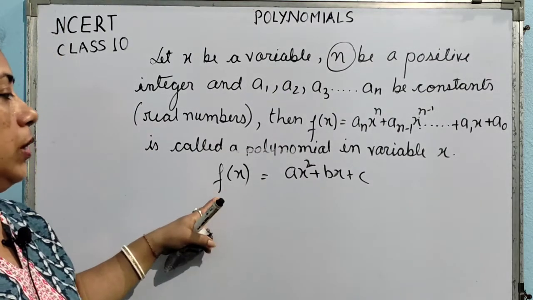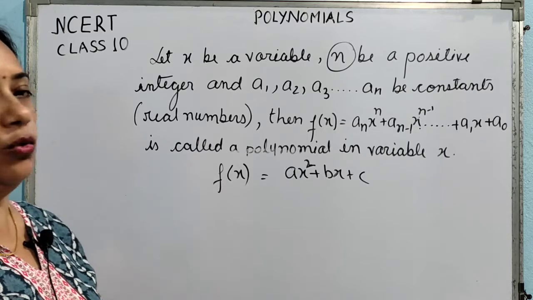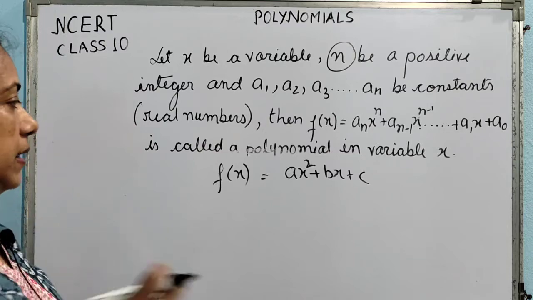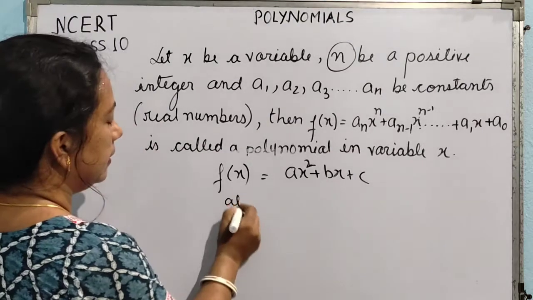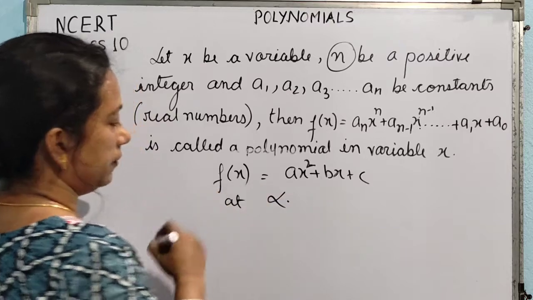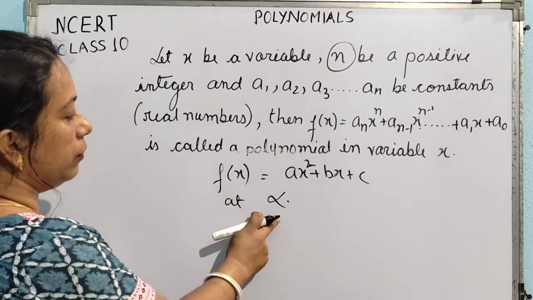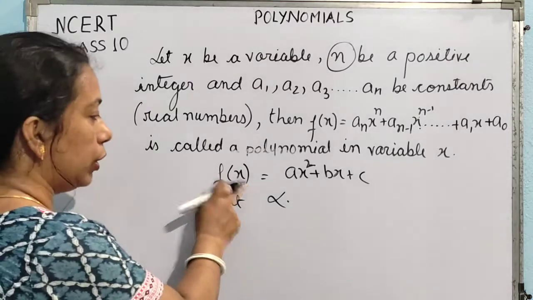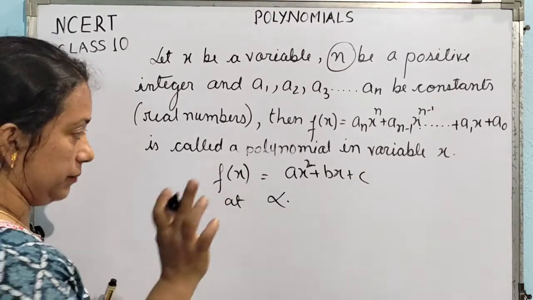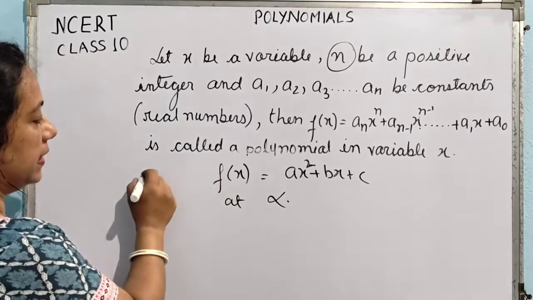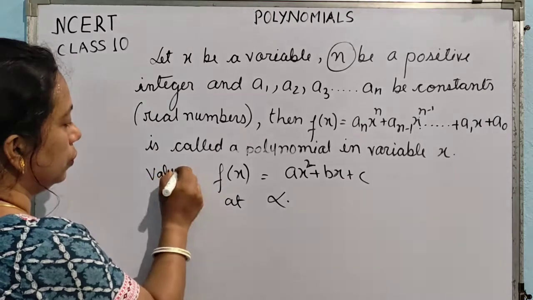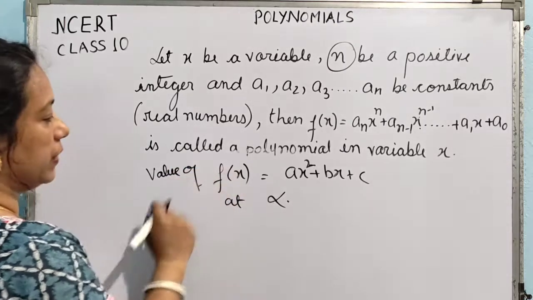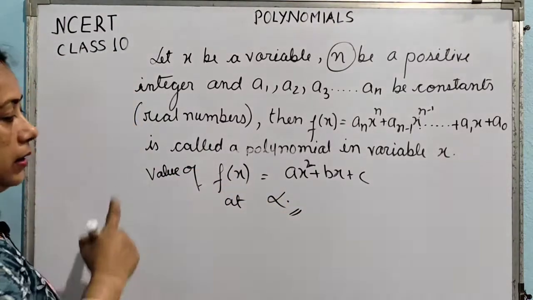Now what will be the value of the polynomial? The value of a polynomial at a particular point, suppose alpha, whatever will be the value of f of x there, that will be the value of the polynomial at alpha. If the question is to find the value of f of x at alpha, then in place of x you just put alpha, and hence it becomes a alpha square plus b alpha plus c.